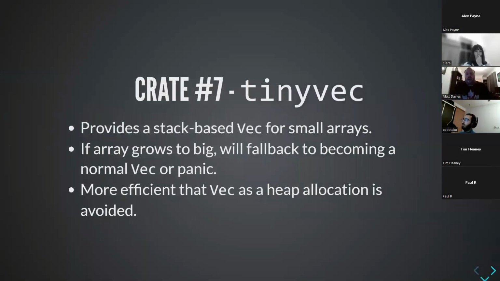So this crate provides a stack-based vector for very small arrays. And if the array grows too big, then depending on how you use it, it will either fall back to becoming a normal vector, in which case it will use the heap, or will just panic. And as I said, it's more efficient because heap allocation is avoided.